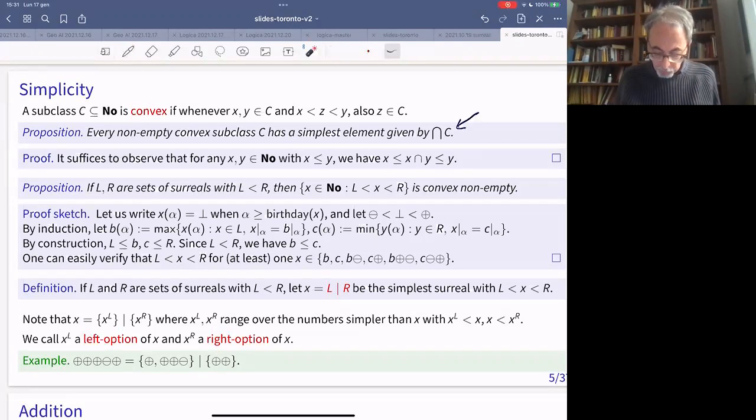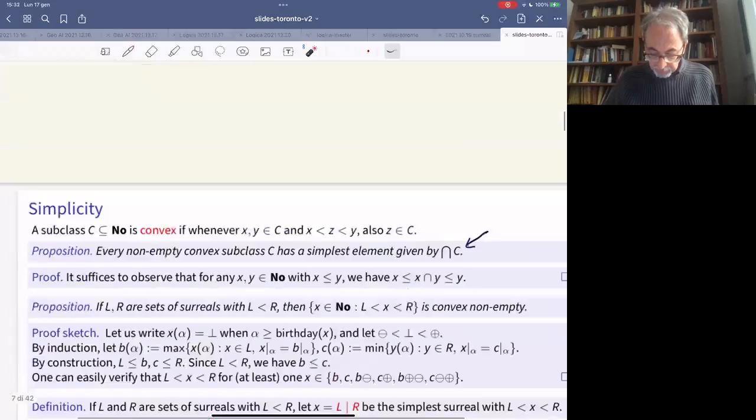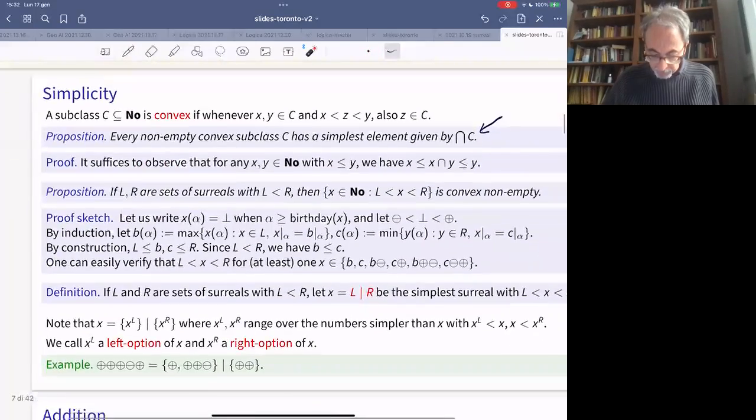A hint for the proof is written here. X is less than Y if X is less than this intersection. The intersection is essentially the meet. Let me make a picture.